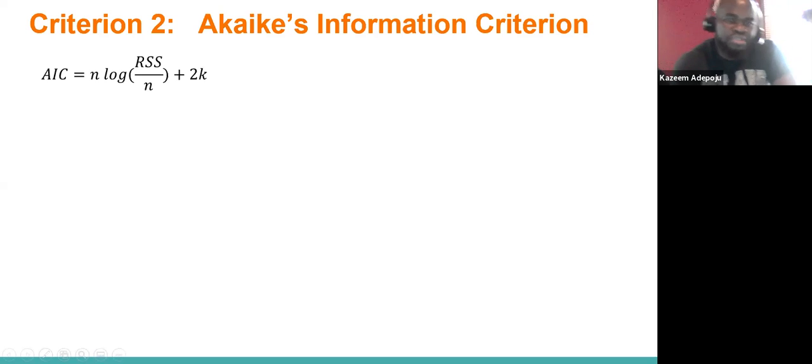I want to tell you what the job of the AIC is. The AIC will penalize you when you have so many parameters, because the AIC is a function of the number of parameters. K here is the number of regressors, the same thing as the number of parameters.